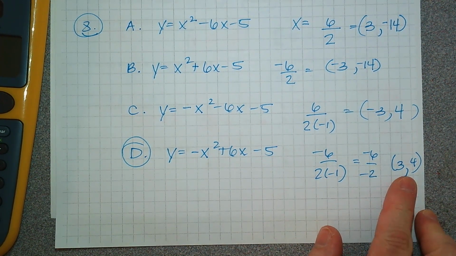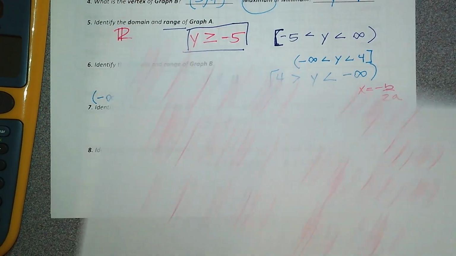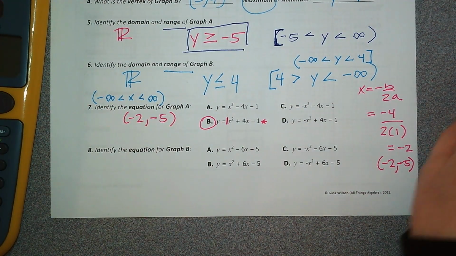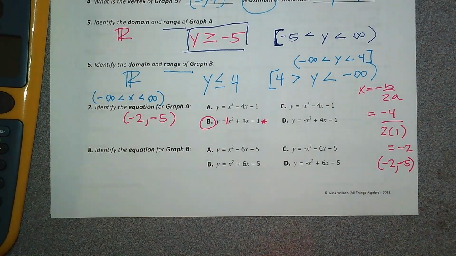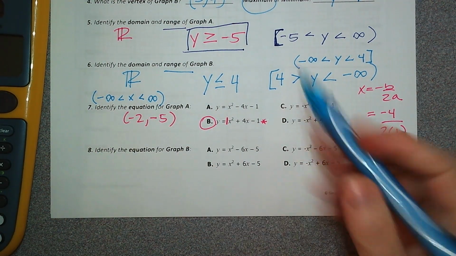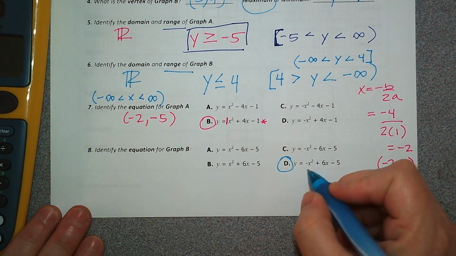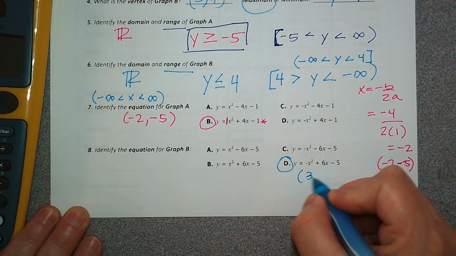You have to check the vertex. Once you find that table on your calculator, you can check the other points too. But for number 8, D is the correct equation. Any questions? So for number 8, the answer is D. The vertex is 3, 4.